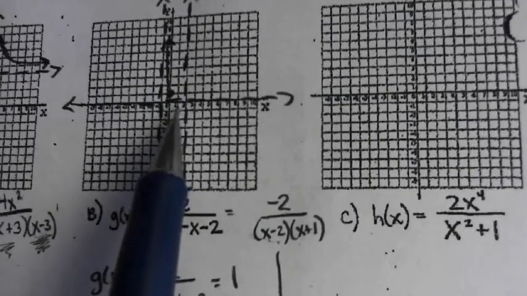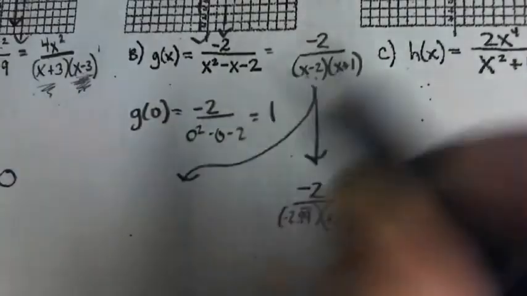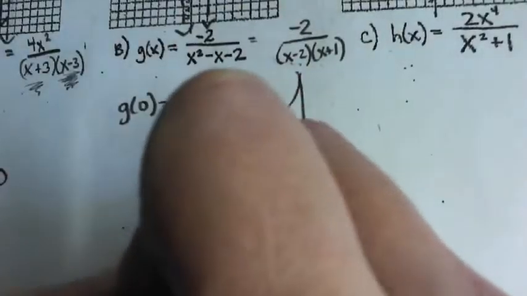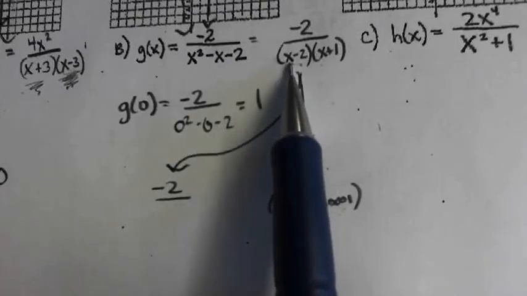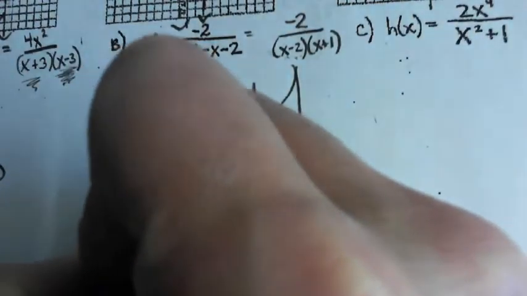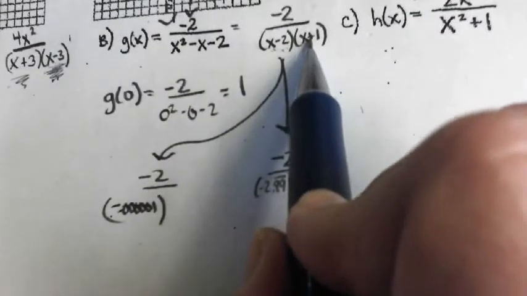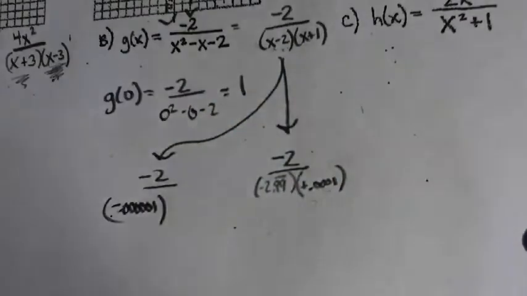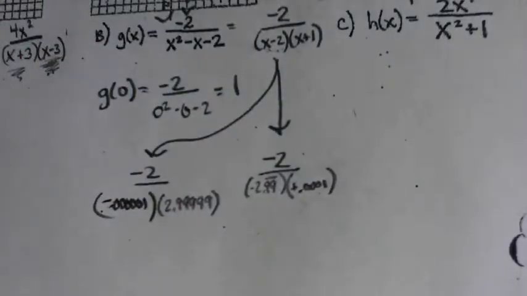Now, if I'm plugging in like 1.99999, let me do that. So we go towards the other asymptote. That'll be negative 2 over 1.99999 minus 2, which is going to be barely negative. And 1.9999999 plus 1 is going to be 2.99999, which is essentially 3. So what's happening? Same thing, right?